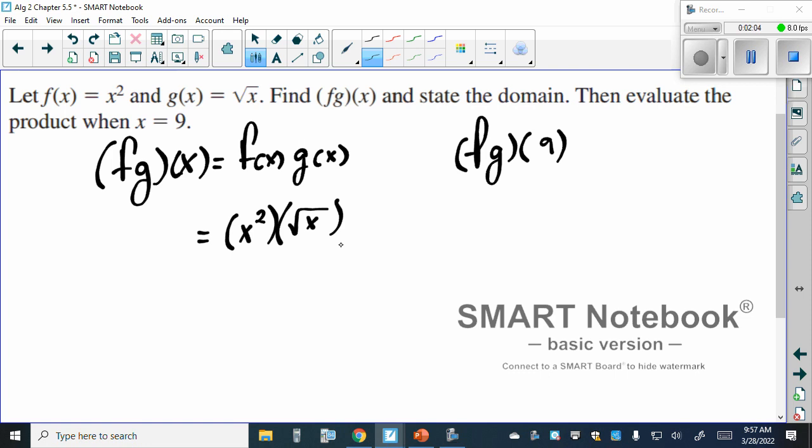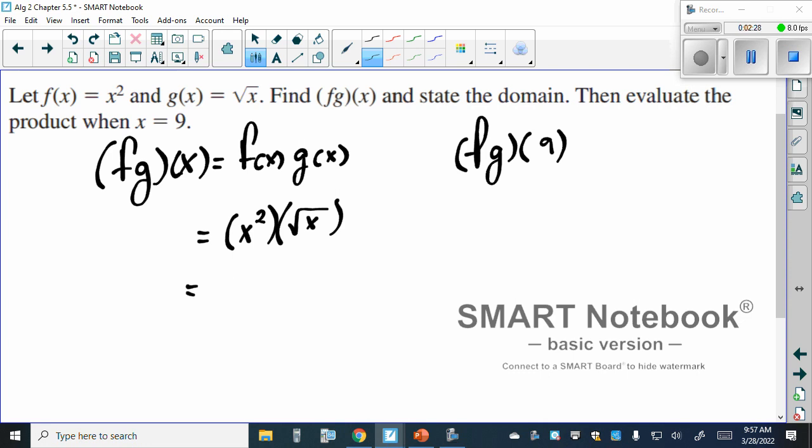Now, if f of x was the square root of x, we could just multiply what's inside the radicals together and simplify from there. But f of x doesn't have a square root. It's just x squared. We could just multiply the two together and say x squared times square root of x, but we want to make this a single term.